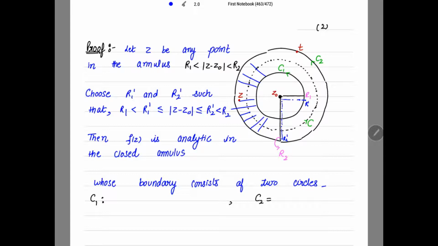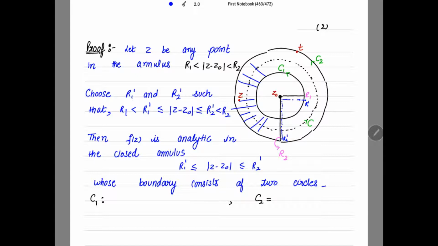So now if f(z) is analytic in the annulus having the radii r1 and r2, then can we say that f(z) is analytic in the closed annulus, this r1 dash less than or equal to |z minus z0| less than or equal to r2 dash, right?